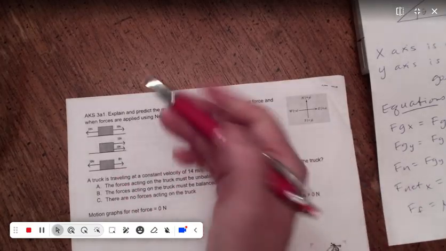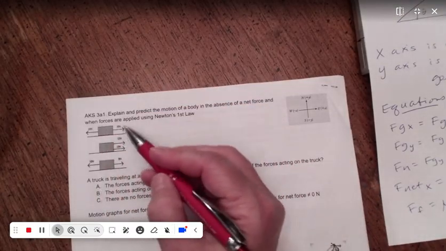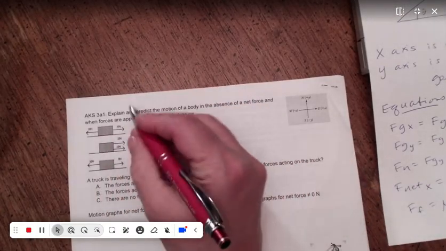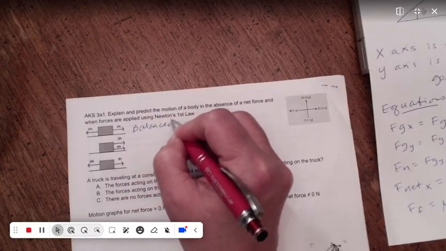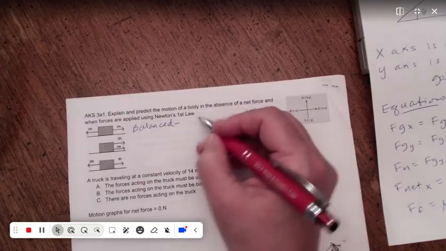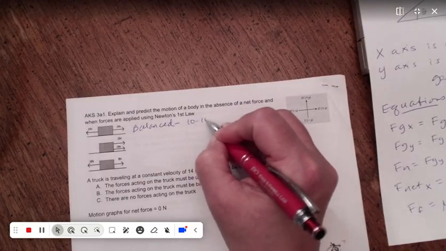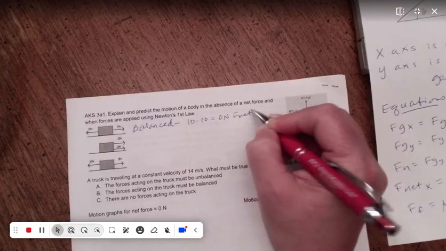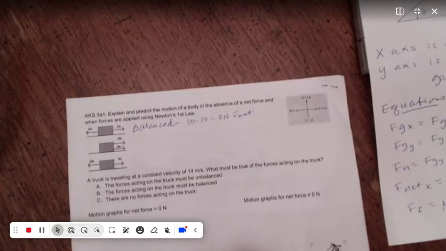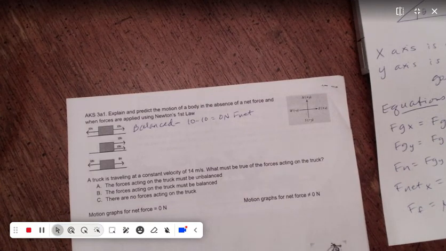This is 10 newtons to one side, 10 newtons to the other. So this is going to be a balanced scenario because 10 minus 10 is 0 newtons of net force. So this might be an object that's at rest, or an object that's in constant velocity.